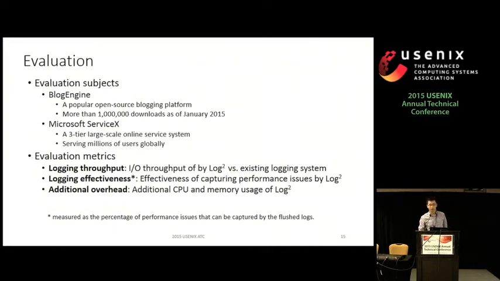The second is the logging effectiveness. By varying different budget sizes, we would like to see how much effectiveness can be preserved by LogSquare, since it has compromised the logging cost. At last, the third metric is additional overhead. The additional CPU and memory usage of LogSquare itself must be very low.